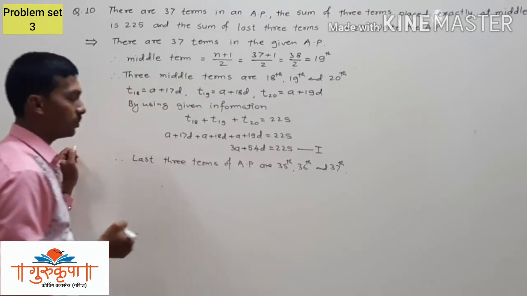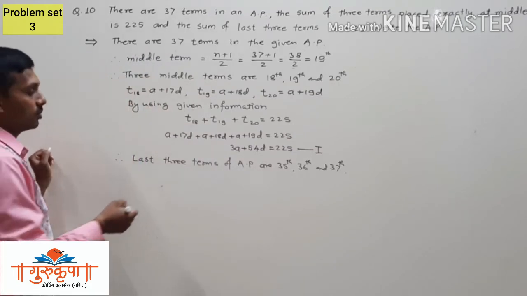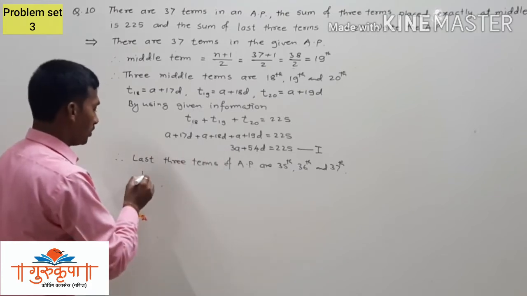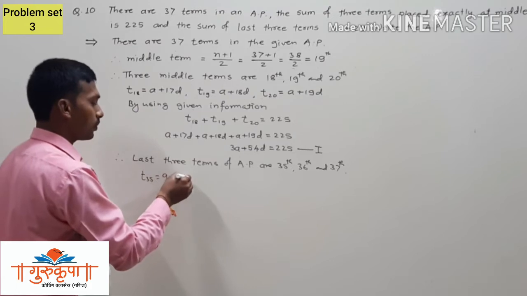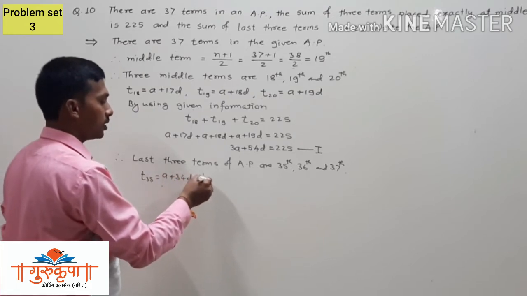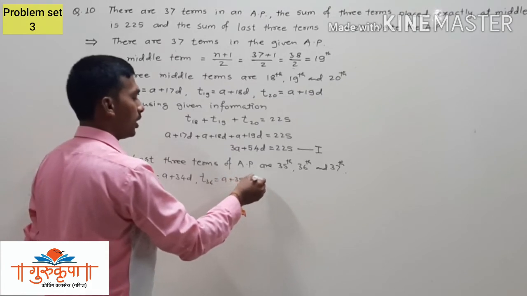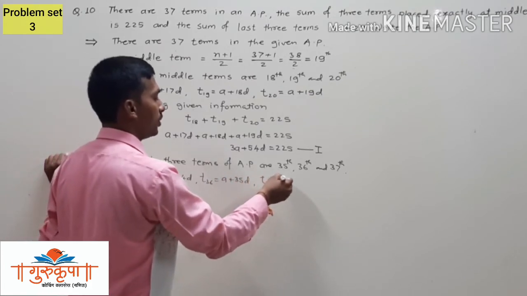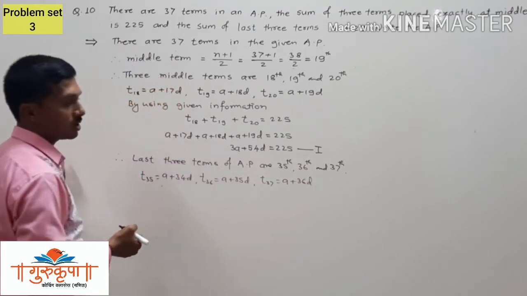Last 3 terms of the given AP are 35th, 36th and 37th term. So here T35 is equal to A plus 34D. T36 is equal to A plus 35D. And T37 is equal to A plus 36D. These are the 3 last terms of the AP.